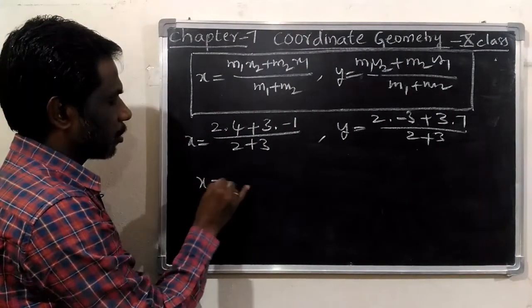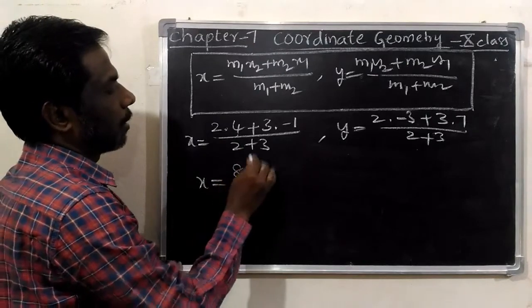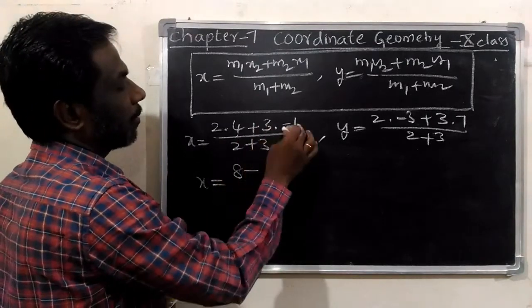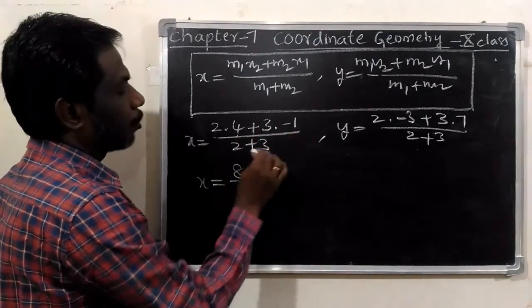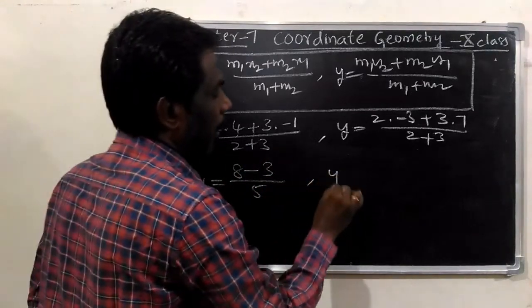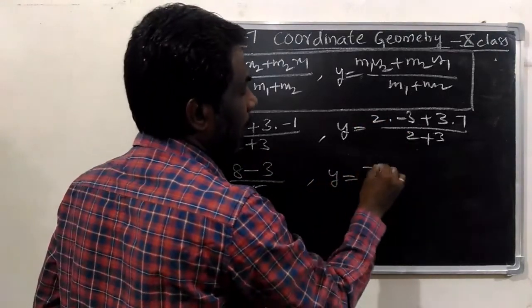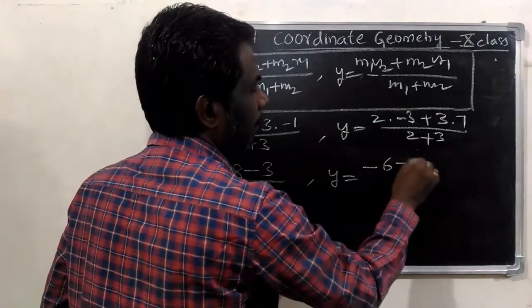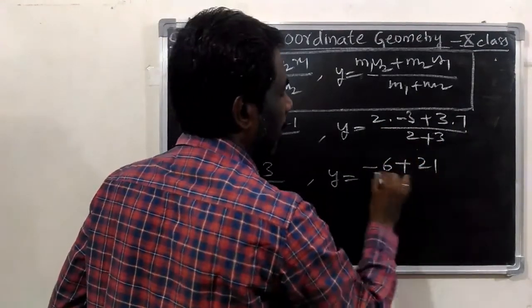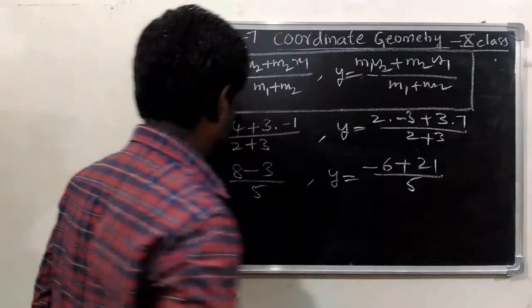So write x is equal to 2 4s are 8 plus 3 into -1 is -3, by 2 plus 3 is 5, comma, y is equal to 2 into -3 is -6, plus 3 7s are 21, by 2 plus 3 is 5.